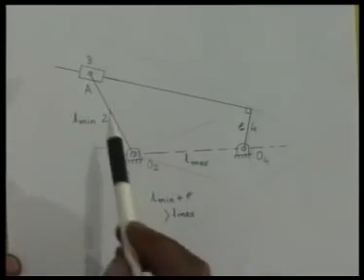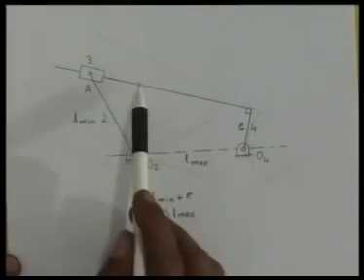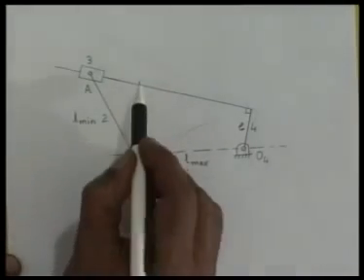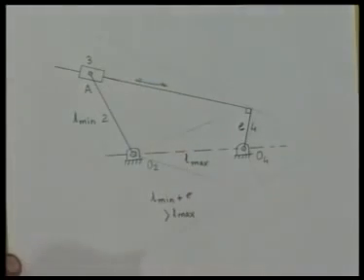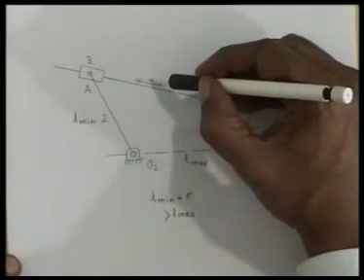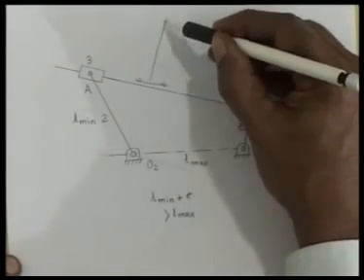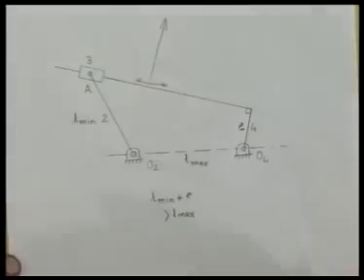That is, the prismatic pair between link 3 and 4 in this direction, let us replace it by a revolute pair at infinity in a direction perpendicular to this direction of sliding.